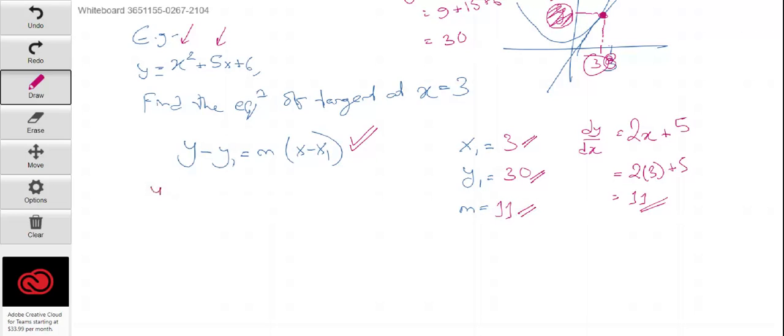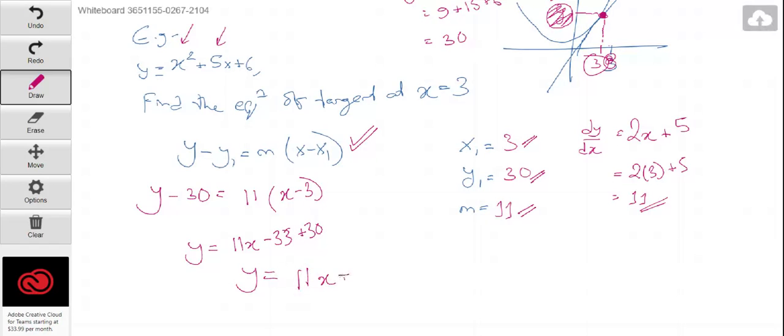Now just plug them all in here because it's a straight line. So y minus 30 is equal to the gradient, which is 11, times x minus 3. Ultimately, this boils down to 11x minus 33 plus 30. So the answer is y equals 11x minus 3.